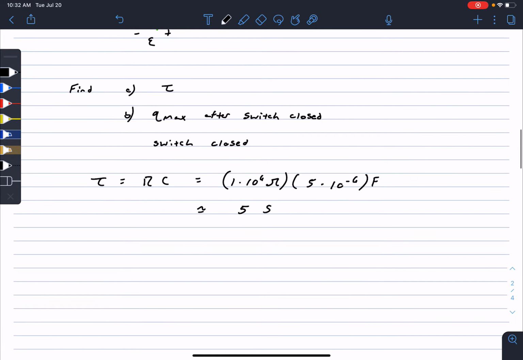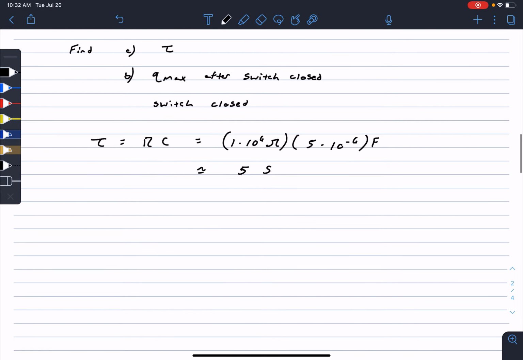Next, we're asked to find the maximum charge after the switch is closed. Well, the maximum charge, same thing as last time, is going to be your EMF times your capacitance. So that's going to be 30 volts times 5 microfarads, which is going to give you a value of 150 microcoulombs.